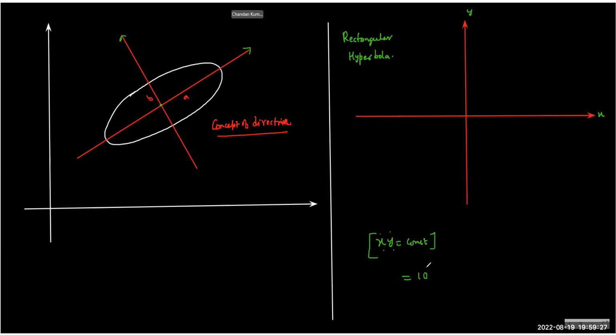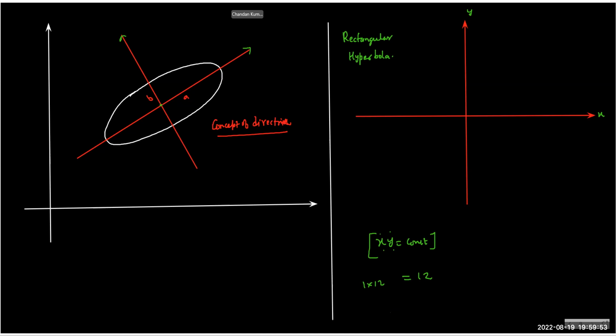Let's say the product of two numbers is 12. I can write 12 as 1 into 12, 2 into 6, 3 into 4. You can clearly see this is going from 1 to 3 while this is going 12, 6, 4. So if one is increasing, the other is decreasing, but the product is always constant.